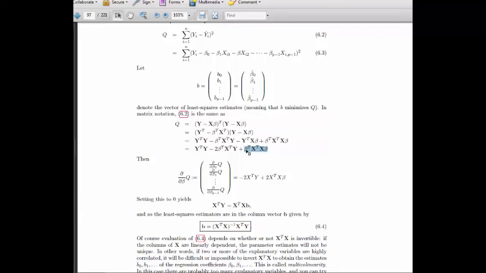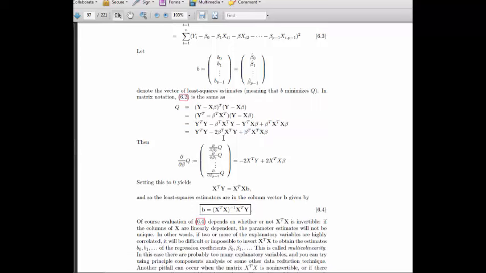If this is sort of like beta squared times this stuff, you'll get 2 times this stuff times beta. Okay, so we sort of ran over some matrix multiplication stuff there. If you're a little fuzzy on some of that, then maybe you want to review it. But this is the derivative, this is our vector of derivatives.